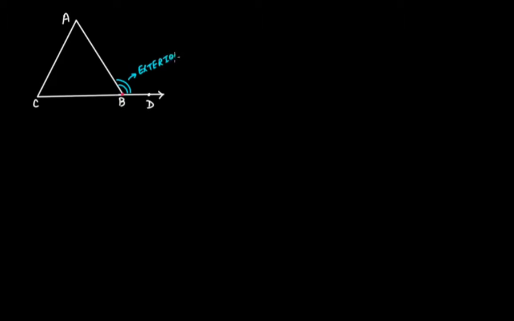What's the reason that it is an exterior angle? It's because it's lying outside of this triangle. All the other angles, that is angle A, B and C, are interior angles because they are inside of this triangle. This exterior angle is, in this case, angle ABD.